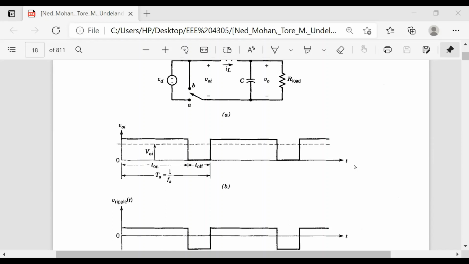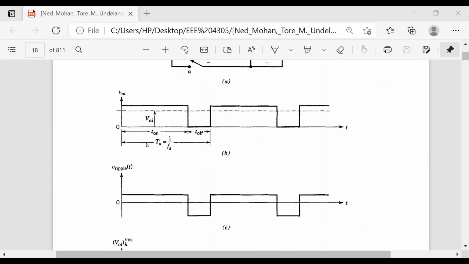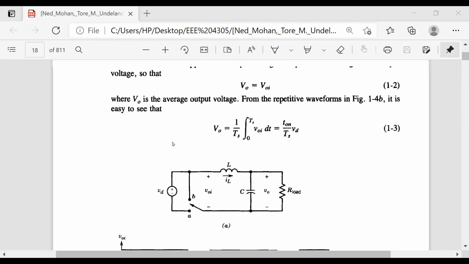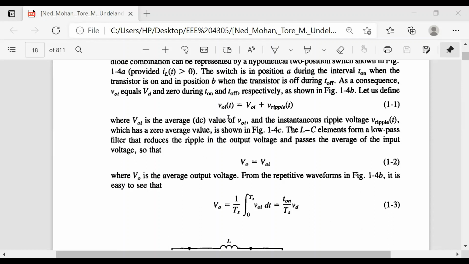So, okay, here they mention, look here, this is the AC signal. That is the ripple voltage that has been given here, and if you add this one, can you see equation number 1.1? Yes, sir.